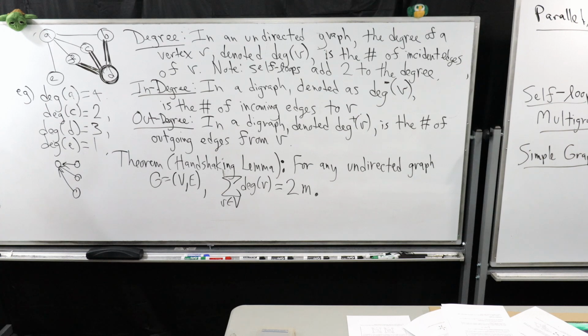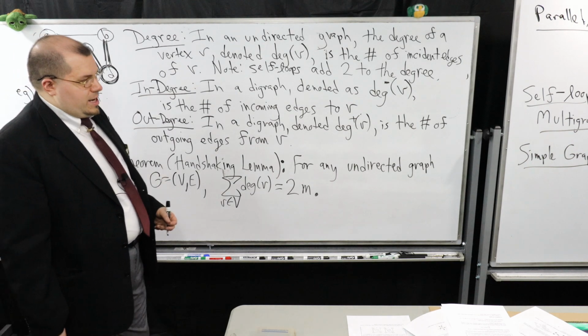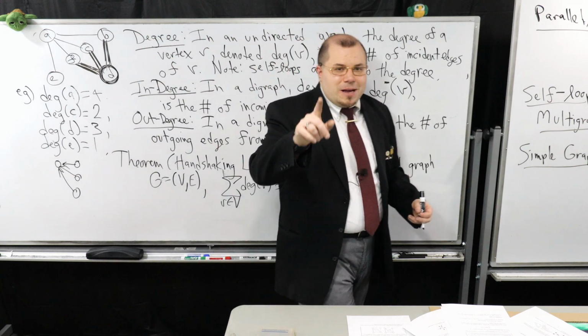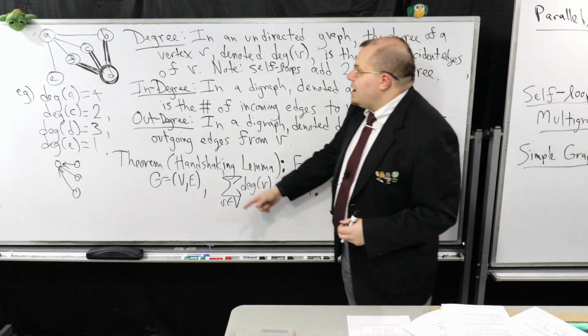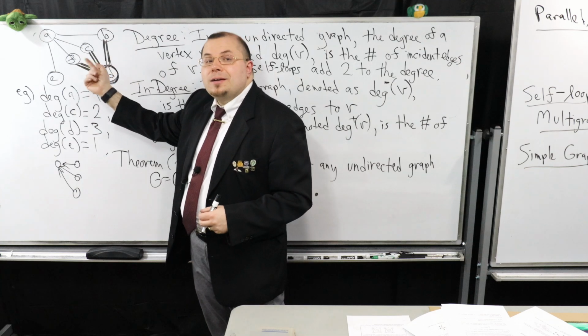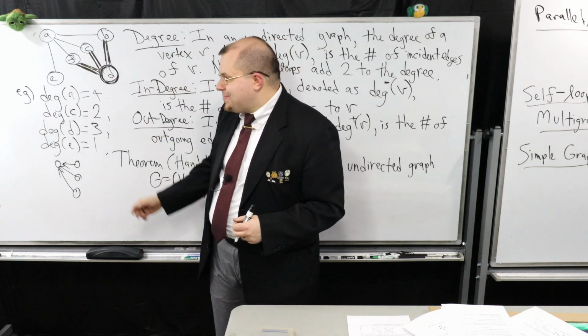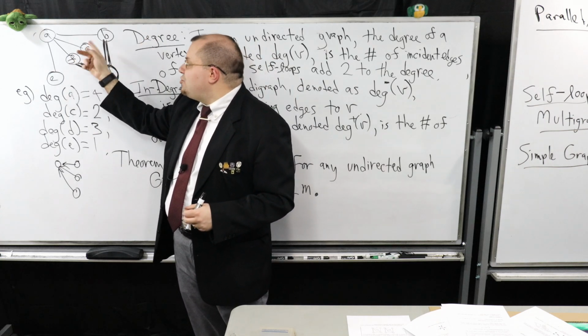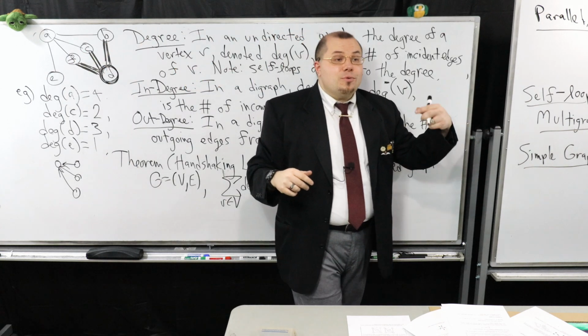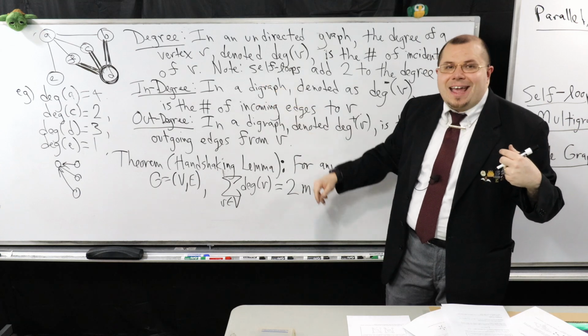Well, what does that mean? Every single time I look at the perspective of one of the vertices, I get the degree of the vertex. I ask, how many hands did you shake? They tell me that many, but for each one of the hands that they shook, they will report back that they shook D's hand too.